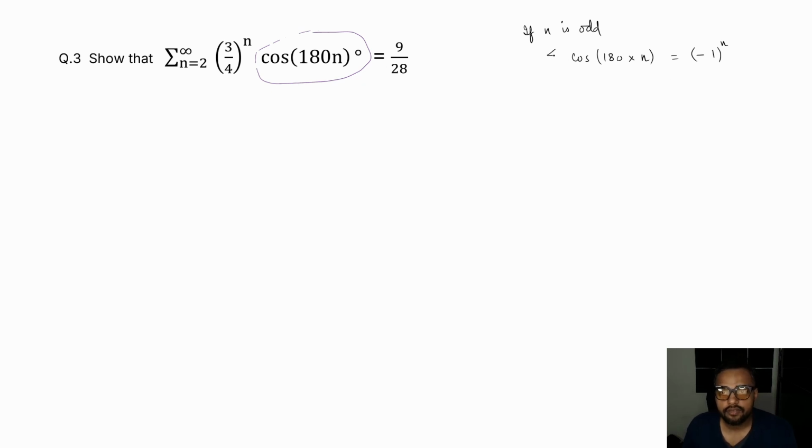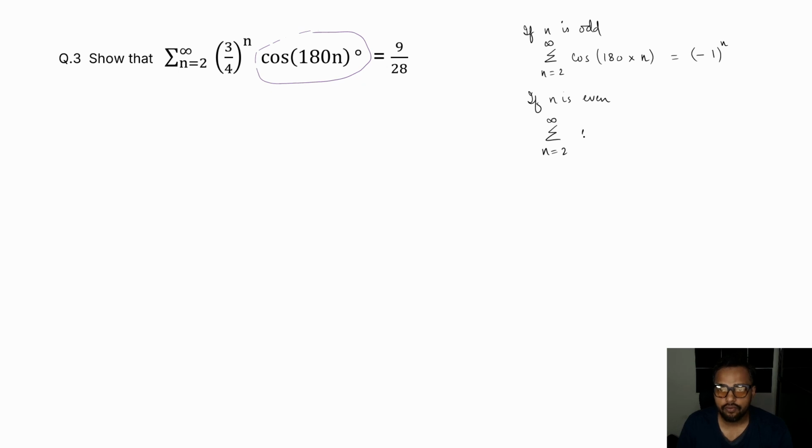Okay, under the relationship of n equals to 2 to infinity, if we are plugging the value of n as an odd term, we know that we will be getting negative of 1 raised to the power n, meaning we'll be getting the negative values here. But what if n is even?